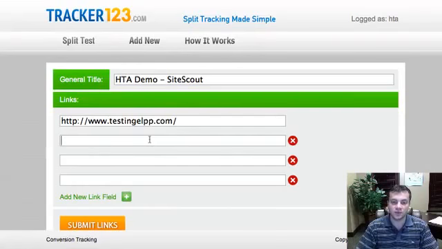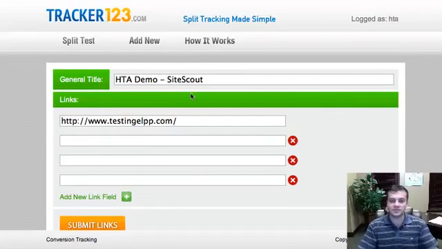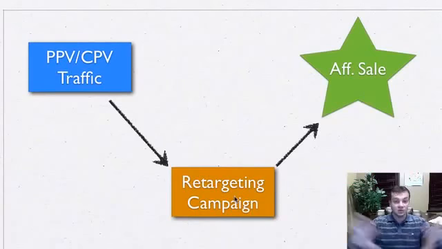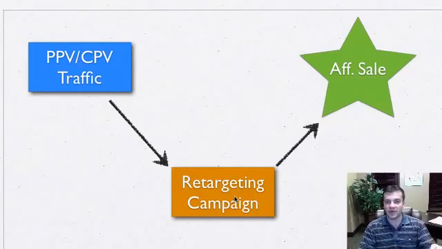You can put the second one here, and then what's going to happen is when your traffic comes from this retargeting campaign, when they see your ad everywhere, and they click on your banners, one time they get taken to landing page A, second time landing page B, third time landing page A, and so forth. It's going to rotate them, and it's going to track your opt-in rate. It's going to track which one is going to perform better for you.